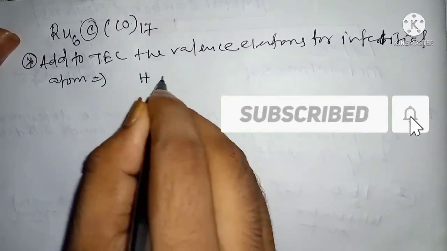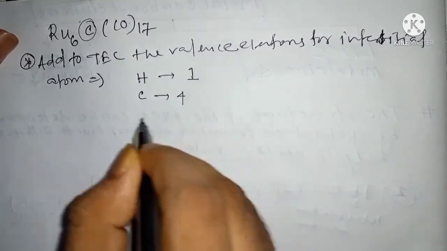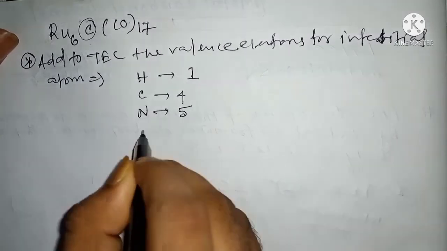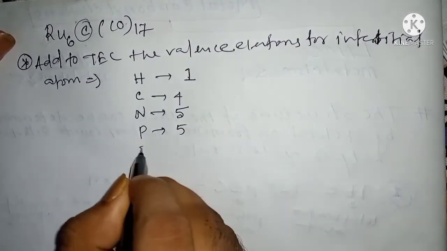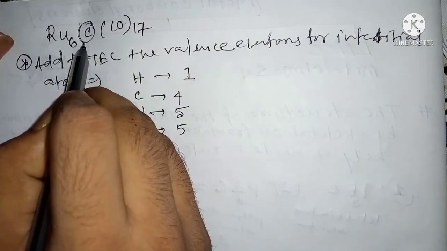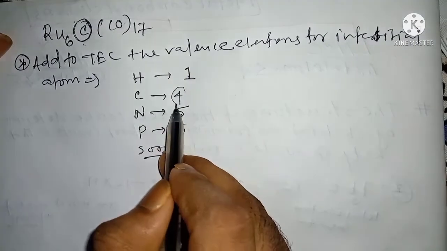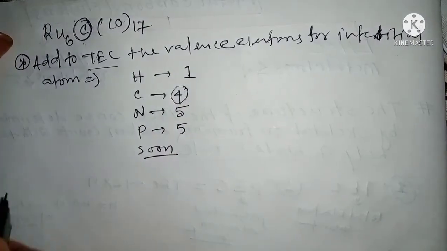For hydrogen, add 1 electron. For carbon, add 4 electrons. Nitrogen 5, phosphorus 5, and so on. So for a carbon in the interstitial position, add the 4 electrons in the total electron count calculation.